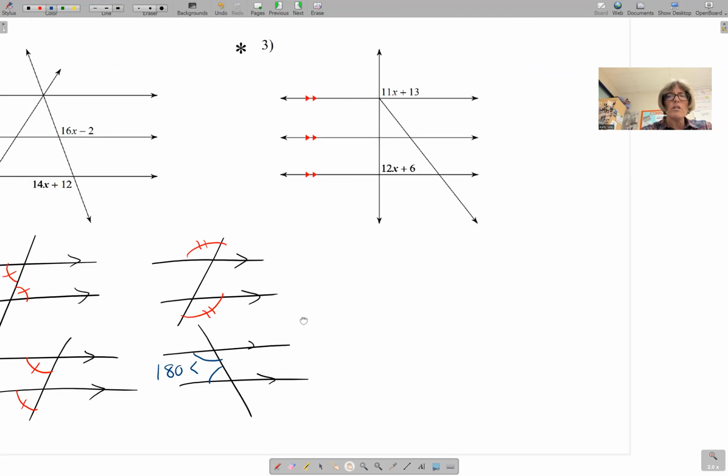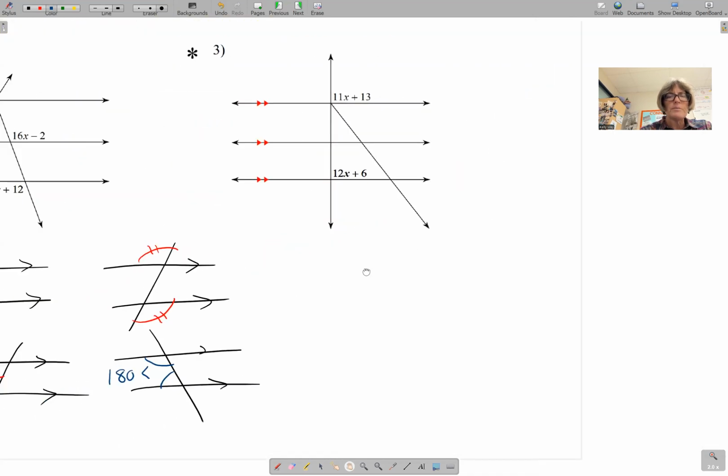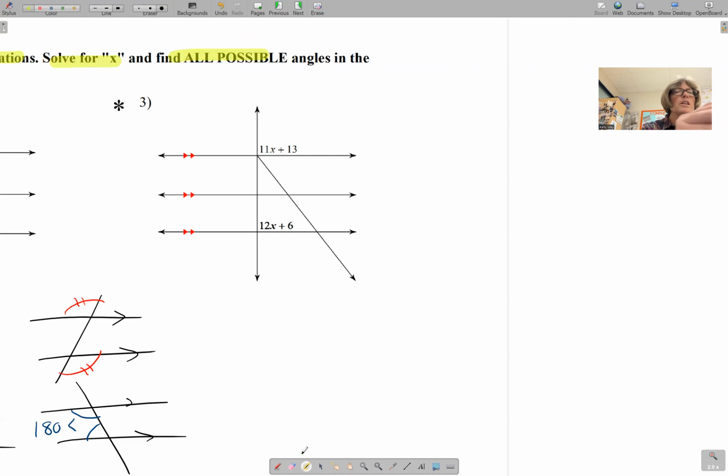You come over here and you establish what kind of angles these are. This is one in, one out, same side. They are corresponding, therefore they are congruent. Angle equals angle. The green would be a set of consecutive interior angles, which would add up to 180.